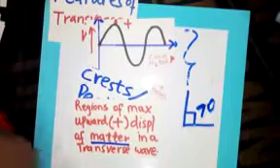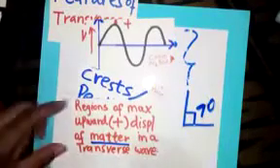Remember, matter is displaced from its original position to a maximum point. Of matter is very, very important. The maximum upward displacement of matter, not of a wave, but of matter, in a transverse wave is called crest.